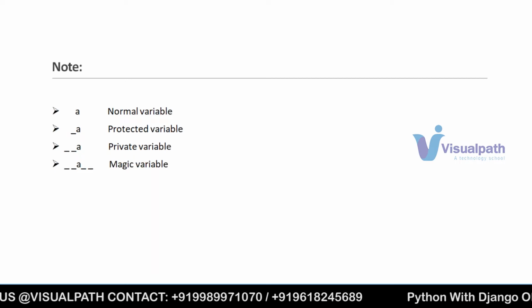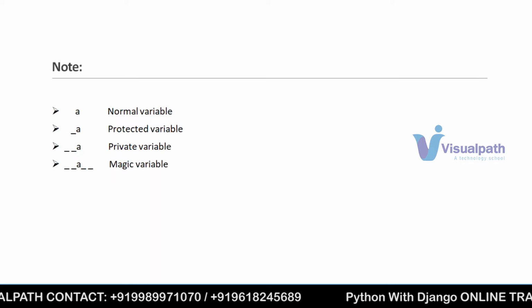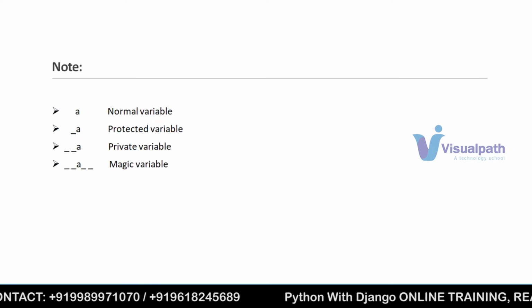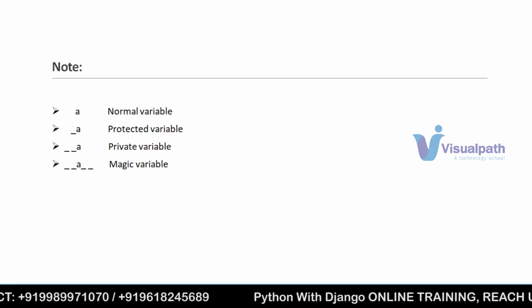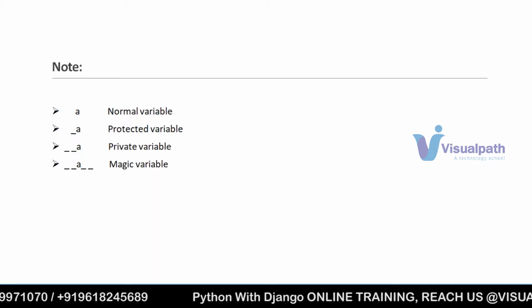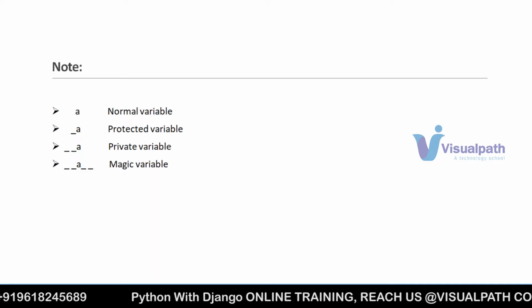Underscore can be used in between your identifier. Don't start your identifier name with underscore because it carries some special meaning. All these are important when you are planning for any certification exam.